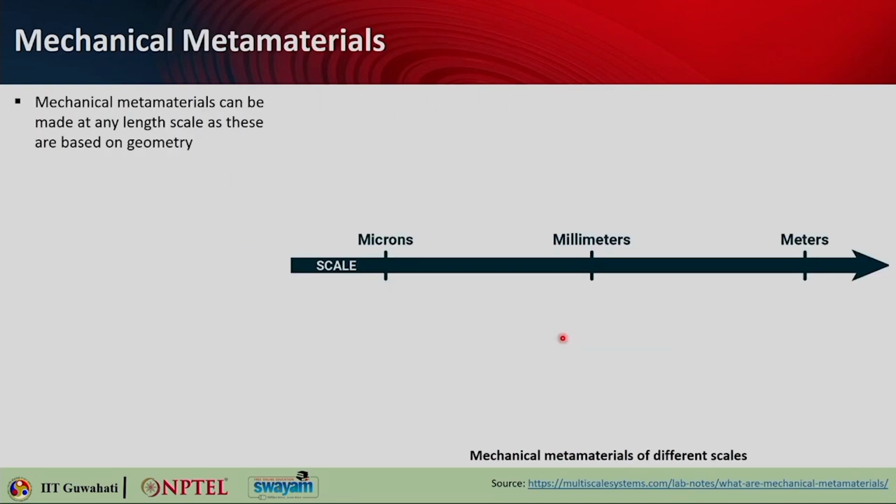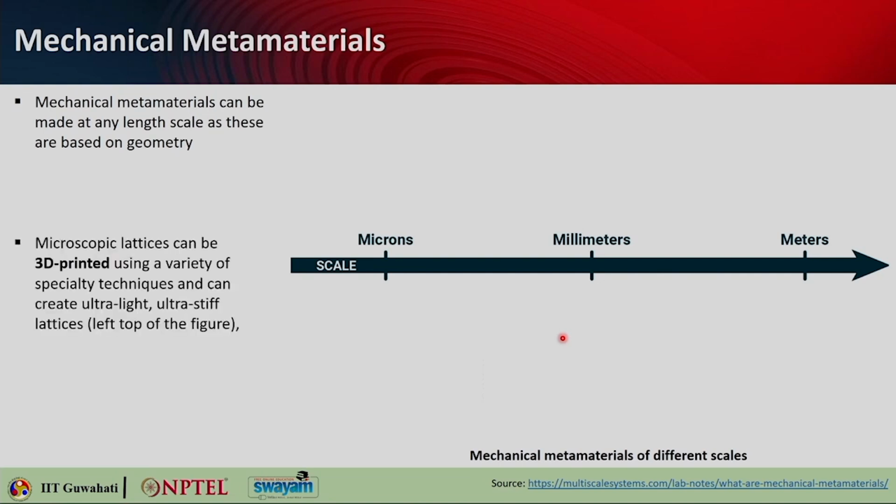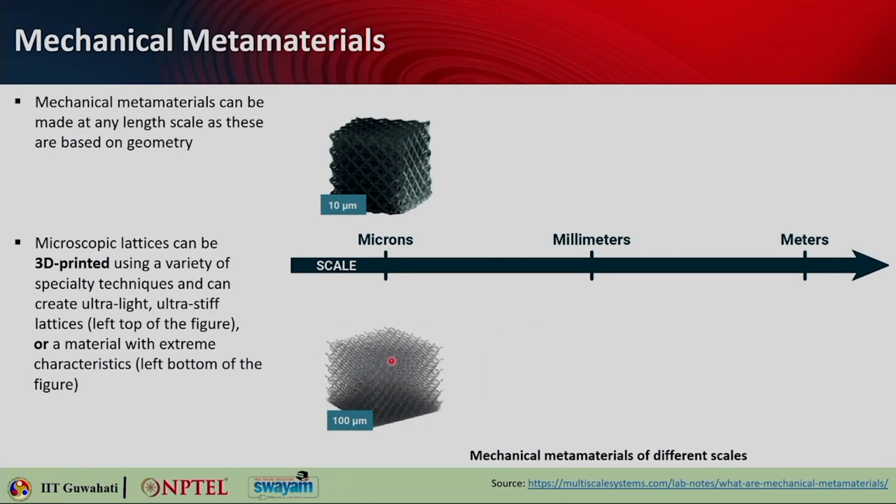Now if we go to the mechanical domain, in the mechanical domain also the metamaterials can be of any length scale based on the geometry. If you think of micron scale, you can have 3D printed microscopic lattices with a variety of spatial techniques which can give you ultralight or ultrastiff lattices like this, or materials with extreme characteristics like this one which is shown.